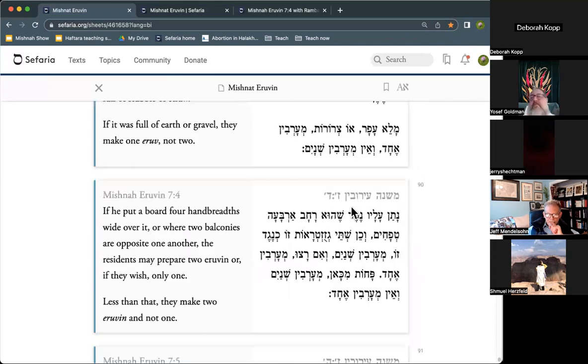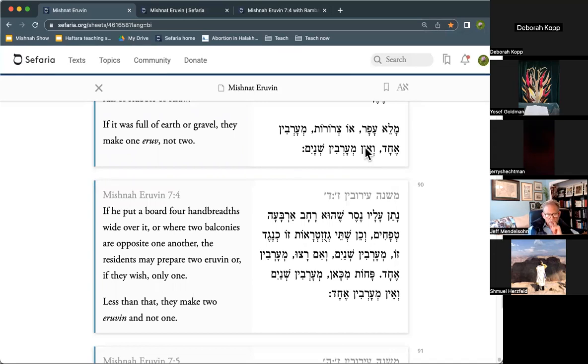What if we built a bridge over the ditch? Natan alav nesa, we're going to put a board. Same dimensions, by the way. Shehu rachav arba'at tefachim. This width of 4 tefachim seems to be absolutely crucial as a halachic minimum for a wall or a bridge. V'chein shtei guzrot. Guzrot are balconies. We learned about balconies when we learned about throwing from one domain into the other.